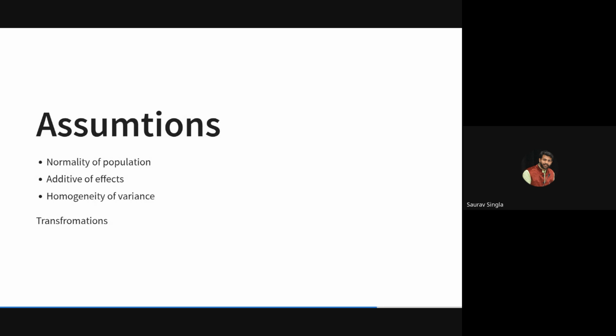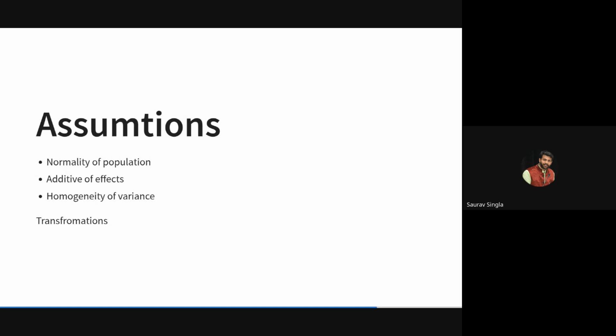Okay. So what does normality of population mean? It means that for your treatment one, you took the reading on 10 units, or 5 units, or 6 units, maybe any number of units.